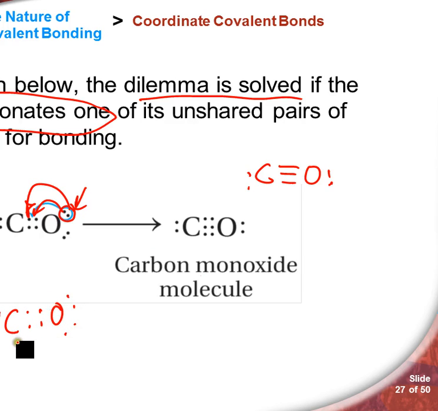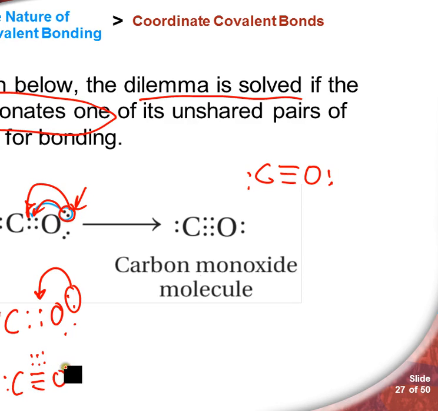So carbon needed some to get an octet. It currently had 6. It needed 8. So these electrons moved over here because oxygen had 8. It was willing to move one of these over here and become a bond, so it became carbon with that, and then it had 3 bonds, or the other way you could draw that is like this.